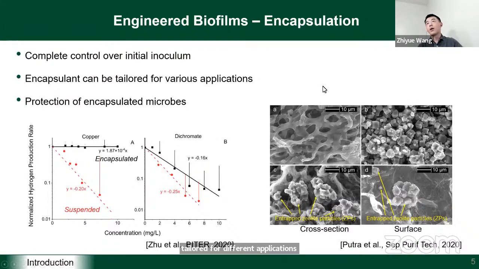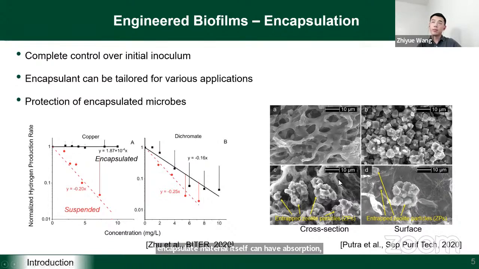For example, here on the right-hand side, I'm showing an SEM figure showing the structure of alginate that has a zeolite. The cubic particles are the zeolite particles that are being incorporated into the alginate network so that this encapsulated material itself can have absorption capability to ammonia.